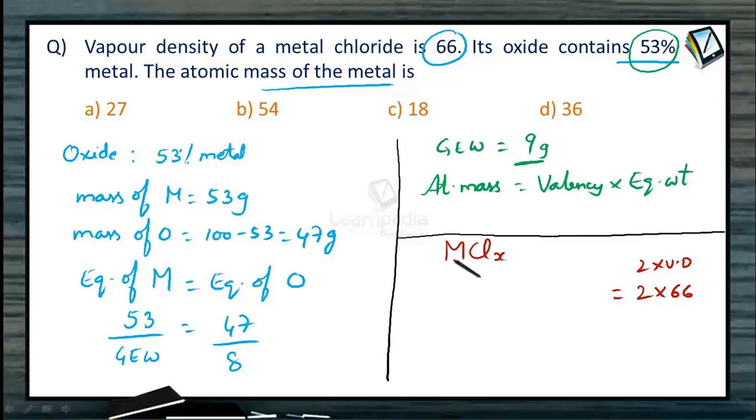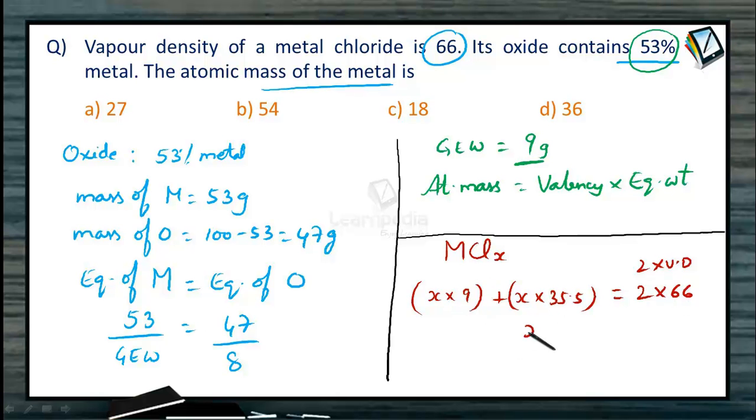And what is the atomic mass of M? That's what we are calculating here. So it is valency multiplied by the equivalent mass. So let me take it as X multiplied by 9 plus here it is X multiplied by 35.5. This total value is equal to the molecular mass of MClX.